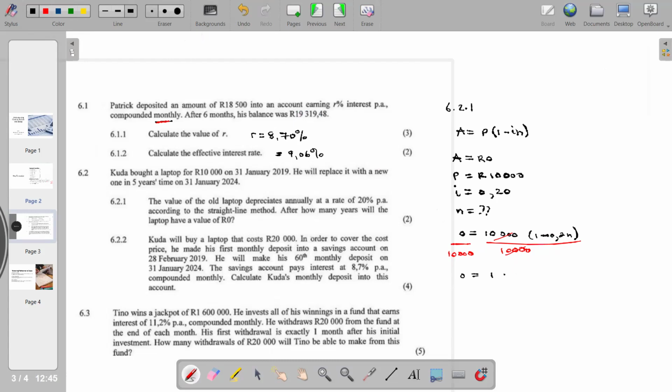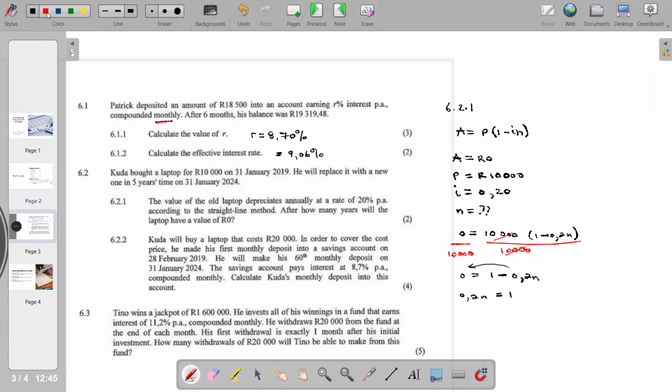From the formula, it's minus 1 minus 0.2n. Transposing that to that side, it means 0.2n is equal to 1.